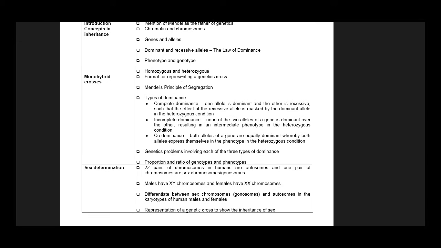By the end of this video, you should have a better understanding of those terms once we have done monohybrid crosses. So, in today's video, we're going to look at the format for representing a genetics cross.